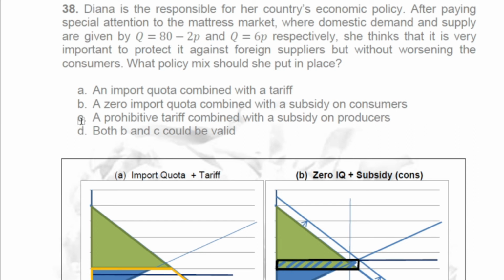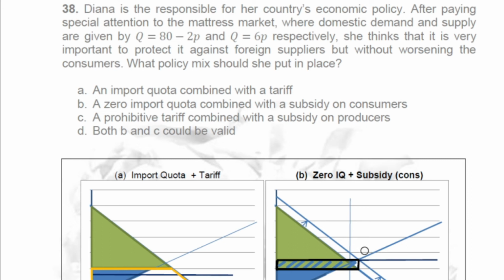Be careful, maybe this is true, but of course this zero import quota leaves producers as in autarky. Yeah, and a subsidy on consumers may make them be as well as before. Okay, as well as before.